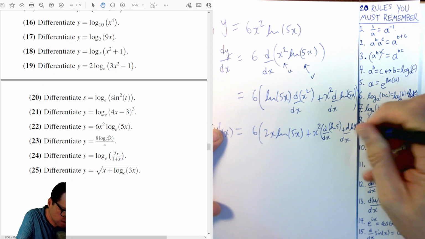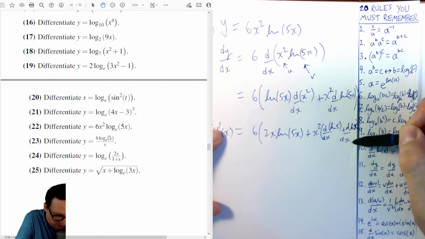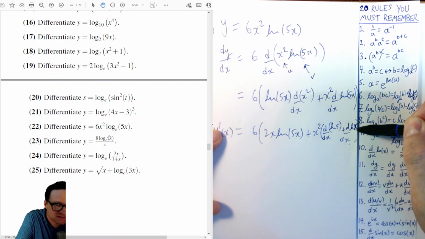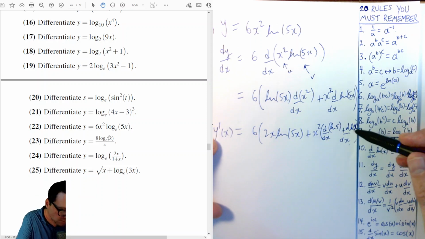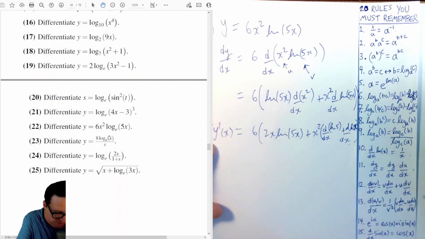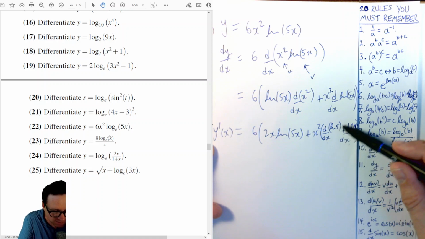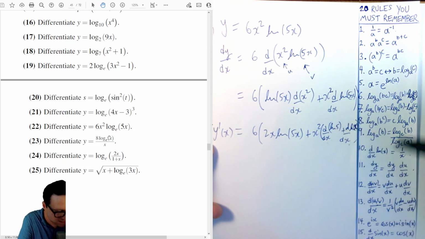Okay, it's hard to read there, but I've got the derivative of ln 5 plus the derivative of ln x. All right, now the derivative of ln x with respect to x is 1 on x using rule number 10. The derivative of ln 5 with respect to x is 0 because this is just a constant.